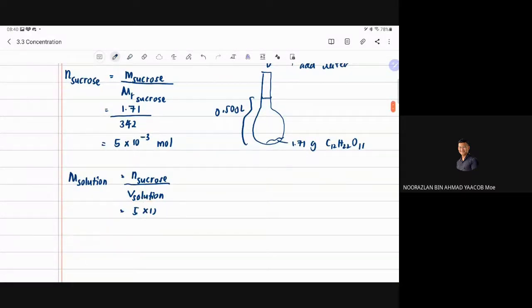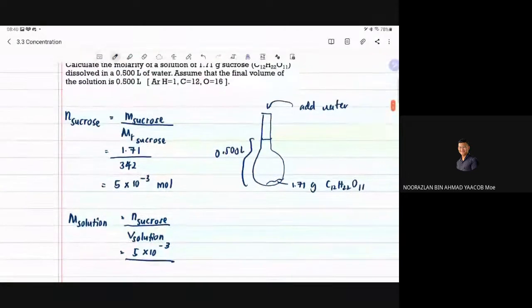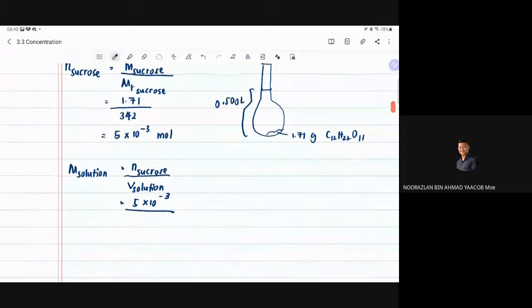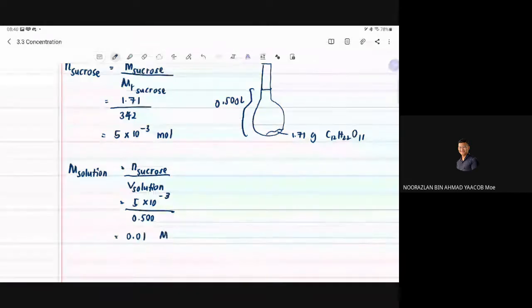And we just plug in the number. 5 times 10 to the minus 3 divided by the volume. It is given in liters, so we do not have to convert it. So 0.500, we should get 0.01 molar.